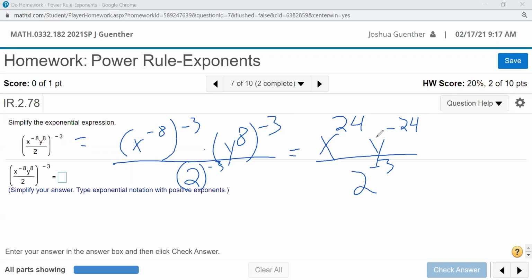So the y to the negative 24th is going to go on bottom, and that's going to give it a positive power. 2 to the negative third, starting on bottom, is now going to go to the top and get a positive power. So something like that.